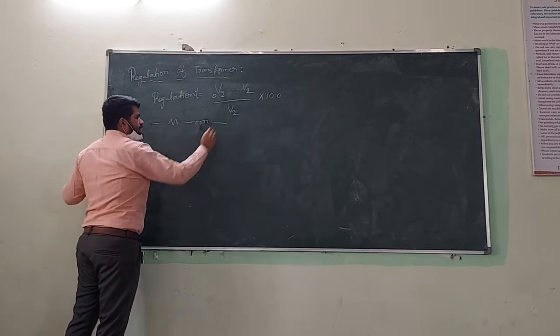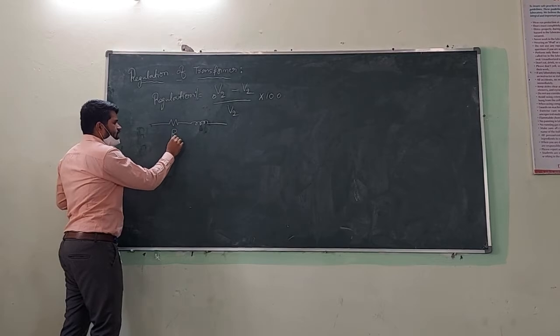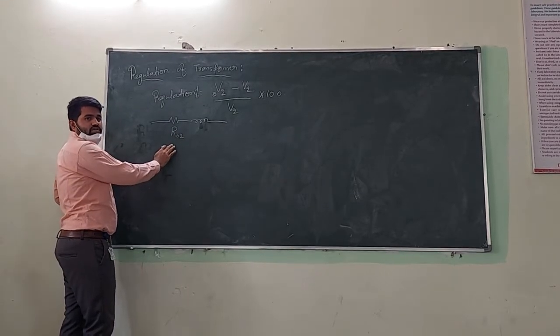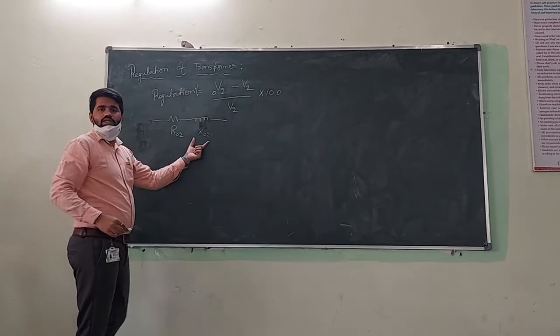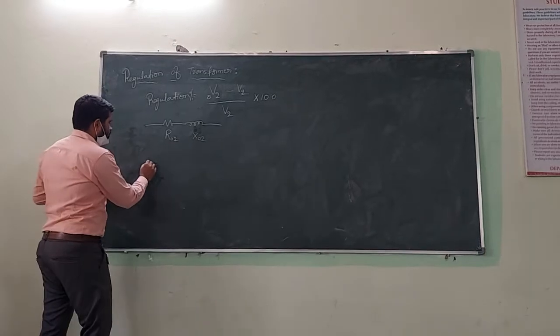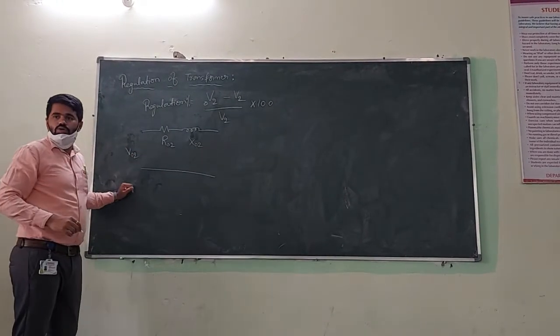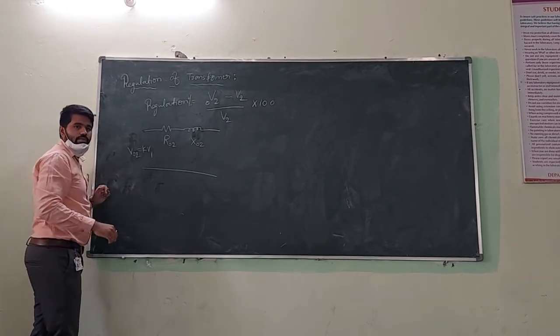Refer to the secondary side, that is R02, the resistance referred to the secondary, and the reactive impedance referred to the secondary. Now here the no load voltage is V02, which is equal to K into V1.